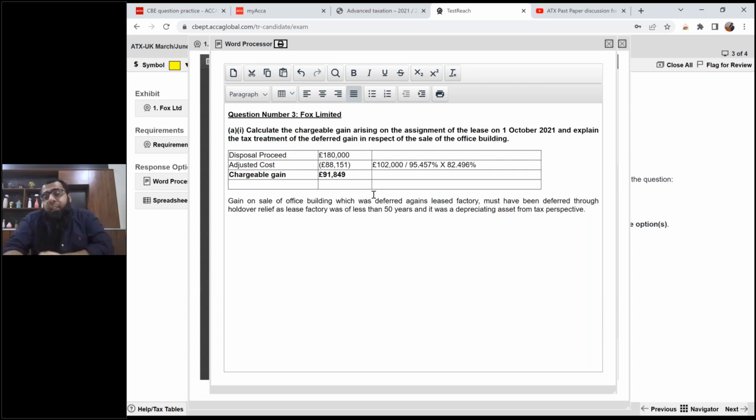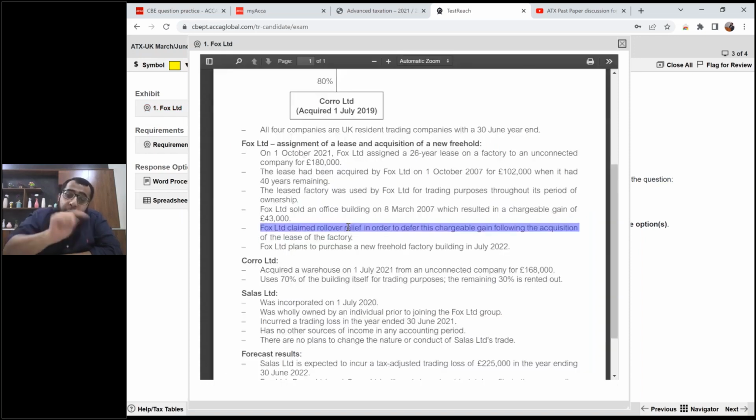Now, this is the place where the students make an error. You must ask me, sir, here in the question he used the word rollover, but you are saying that it must be deferred through holdover.